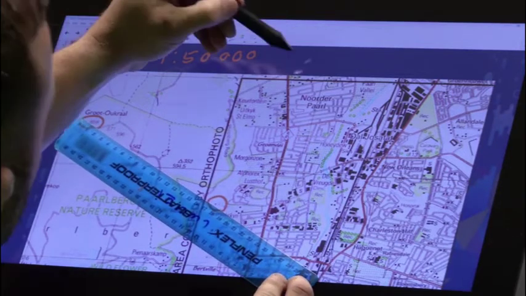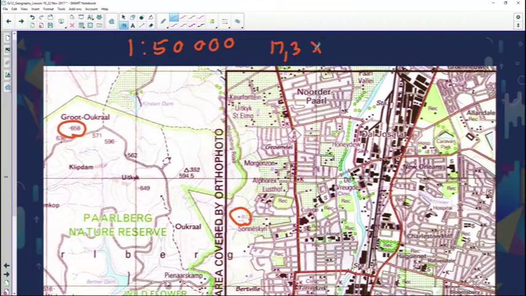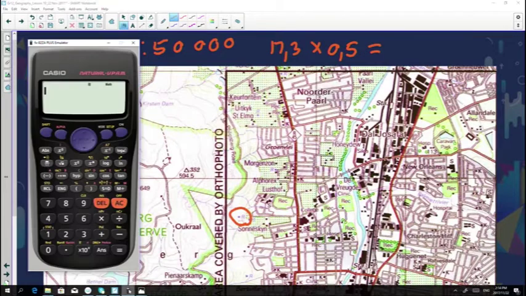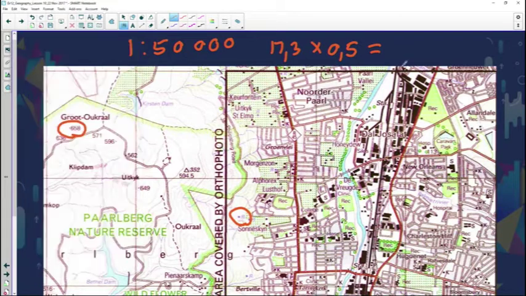It's 17.3 centimeters. Because I want my answer in kilometers, I times it by 0.5. 17.3 times 0.5, and my correct answer will be 8.65 kilometers.